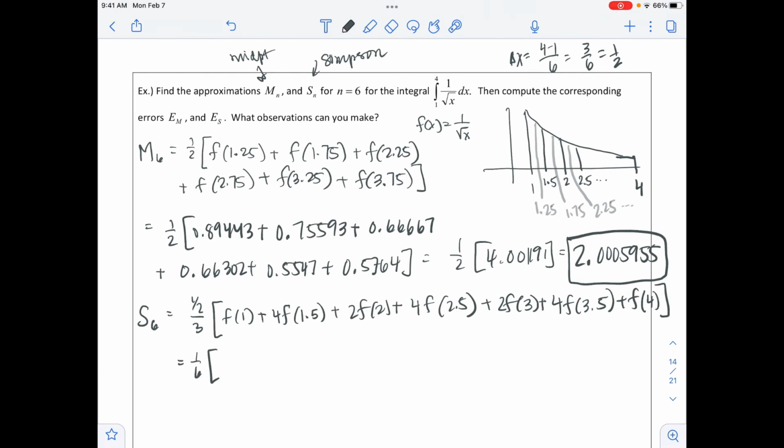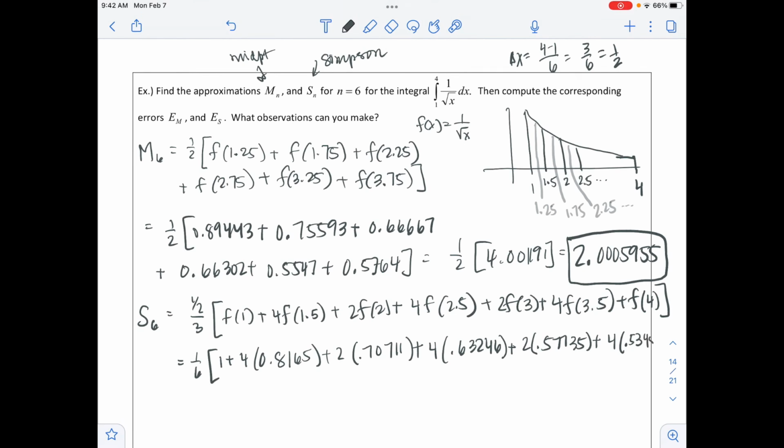And then again, putting all these values into your calculator, f of 1 is just 1, plus 4 times 0.8165, plus 2 times 0.70711, plus 4 times 0.63246, plus 2 times 0.57735, plus 4 times 0.53452, plus, and then f of 4 is going to be 0.5.